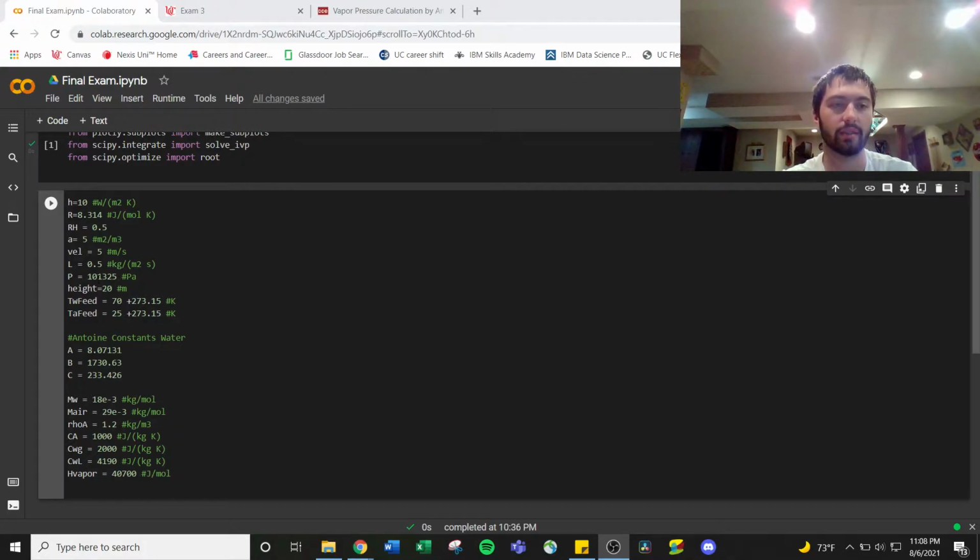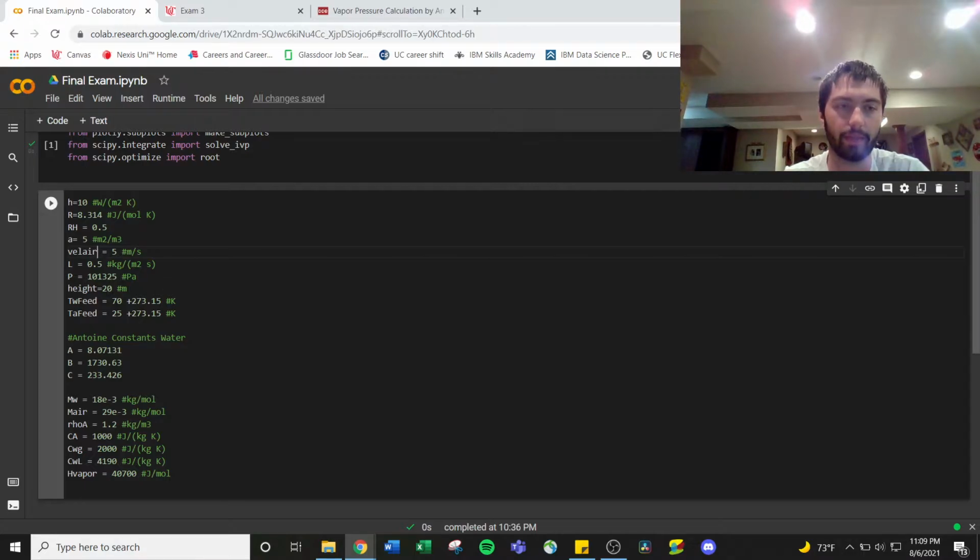Our velocity of the air flowing in is given to be 5. Name that velocity air. And then our liquid flow rate, so that was in kilograms per meter squared per second, is 0.5.